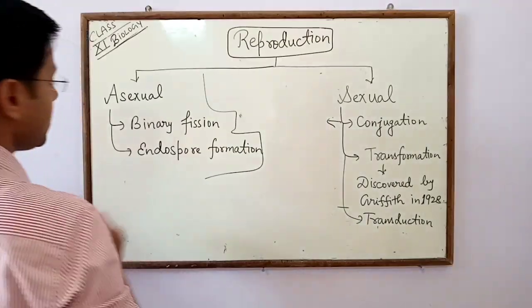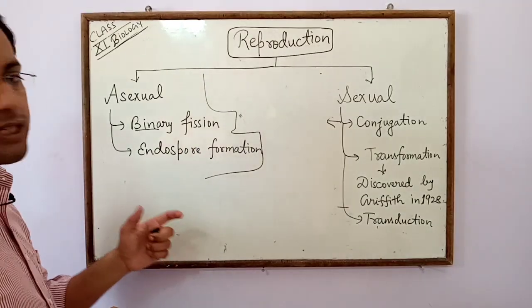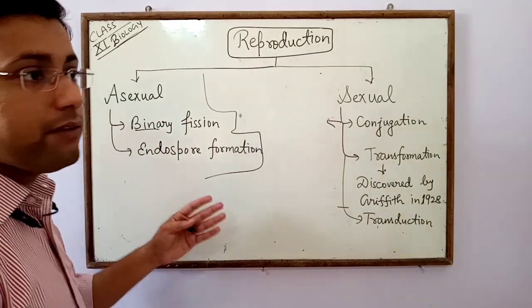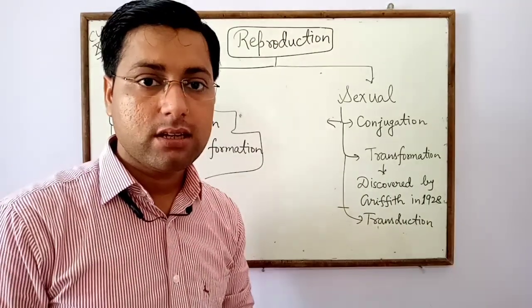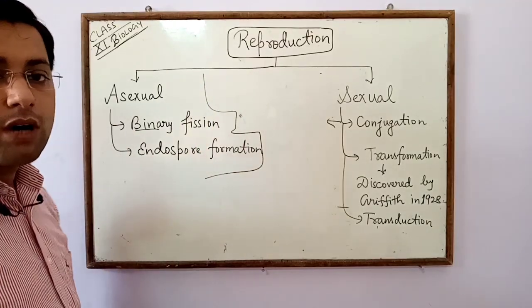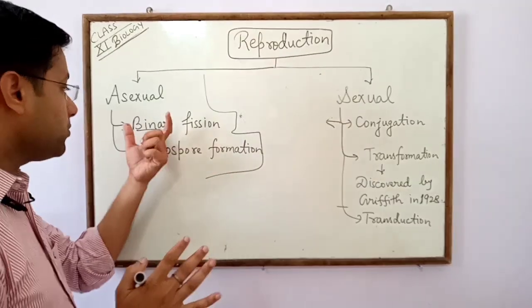In asexual reproduction, commonly binary fission and endospore formation occur. Binary fission is a type of asexual reproduction in which a bacterial cell like Lactobacillus divides into two equal daughter cells, while in endospore formation, many spores are present inside the cell.